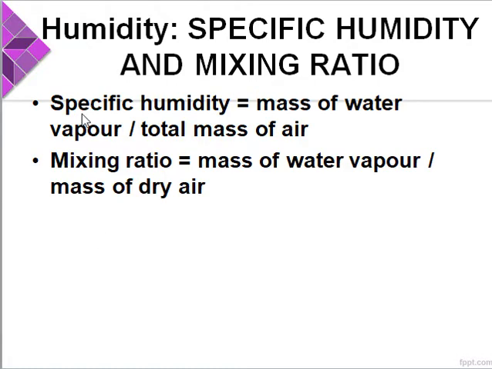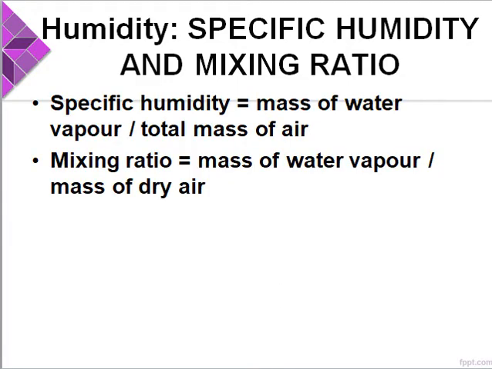Thus, specific humidity is equal to the mass of water vapor divided by the total mass of air. Another convenient way to express humidity is to compare the mass of the water vapor in the parcel to the mass of the remaining dry air. Humidity expressed in this manner is called the mixing ratio.